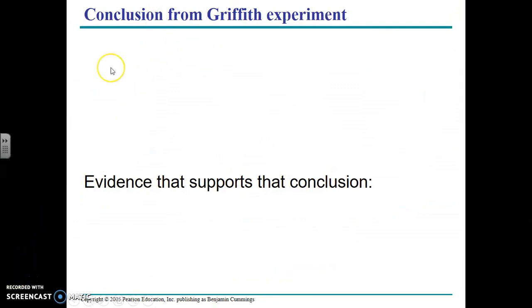So, just to summarize that whole long spiel, the conclusion from the Griffith experiment is that there was some sort of factor in the S bacteria that was able to transform the R bacteria into being able to kill. Now, what is the evidence that supports that conclusion?